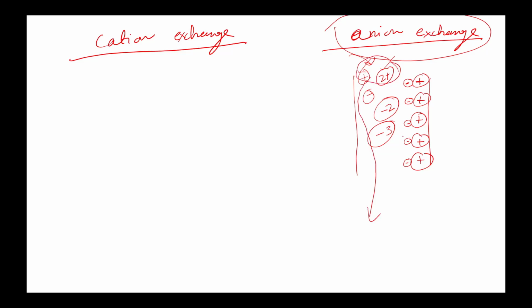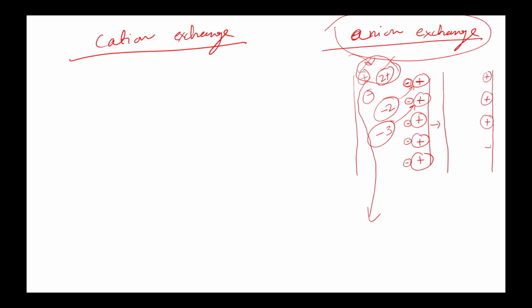Now here comes what happens, there is a competition for the binding, so then the exchange happens. So this anion gets replaced by your protein. Okay, this anion gets replaced, so that is why the name is so. Next the scenario looks like this.